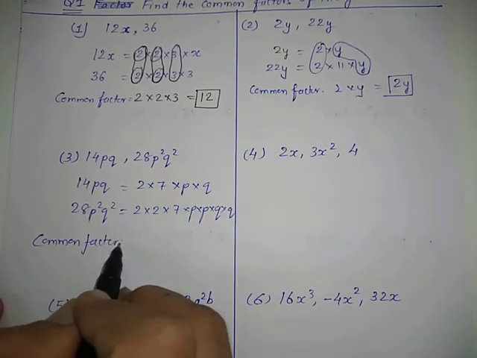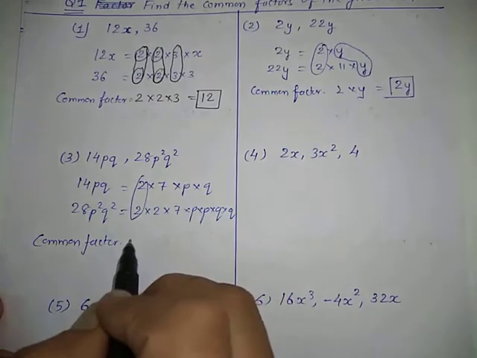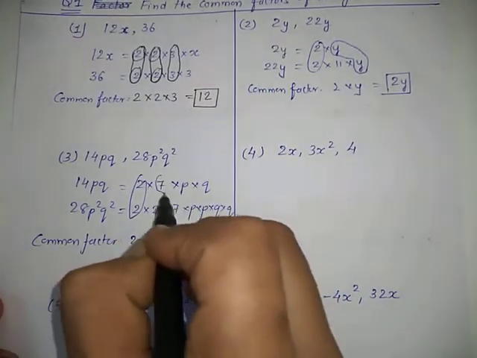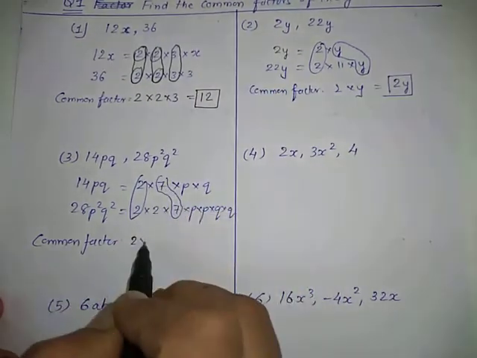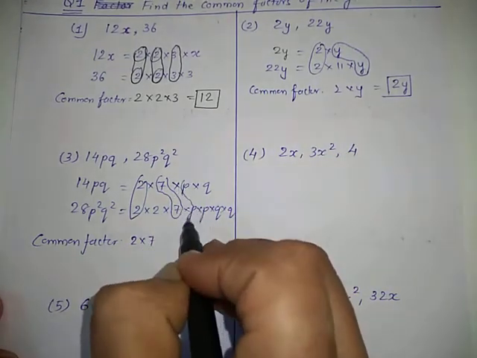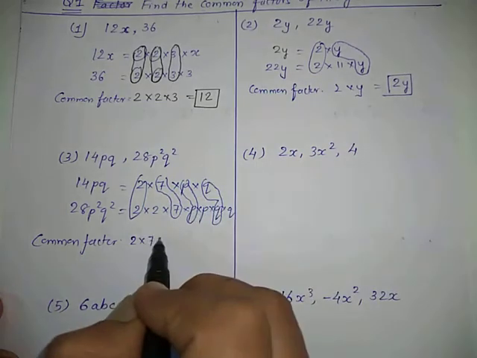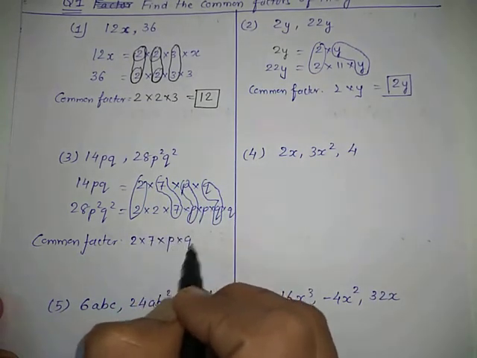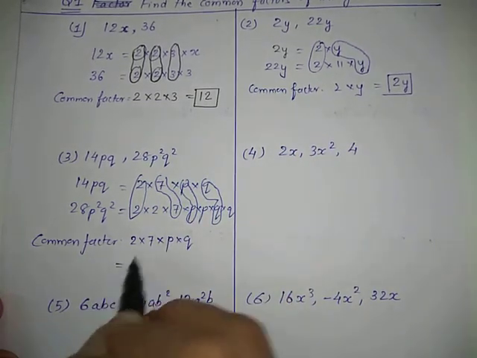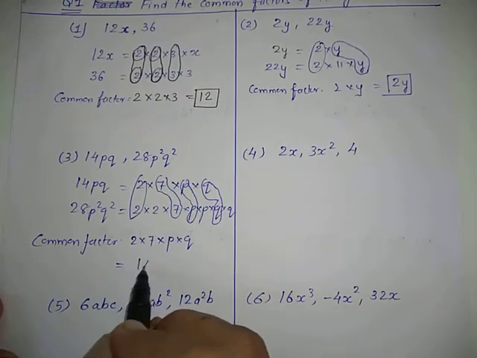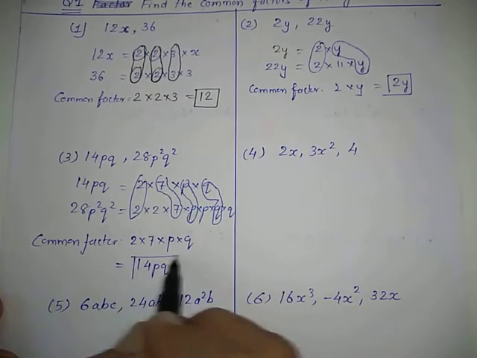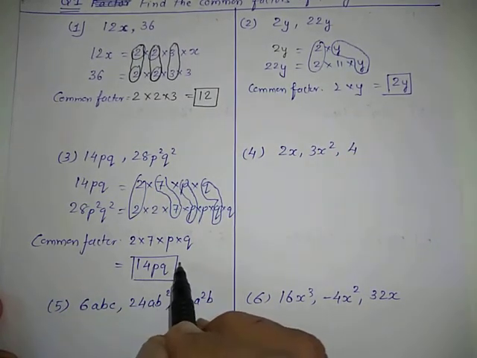Okay. So 2 is common, then 7 is common, then 1 p is common and 1 q is common. So the answer, the product of these is 2 7s are 14, pq is the product.